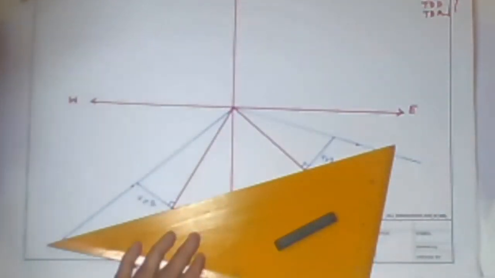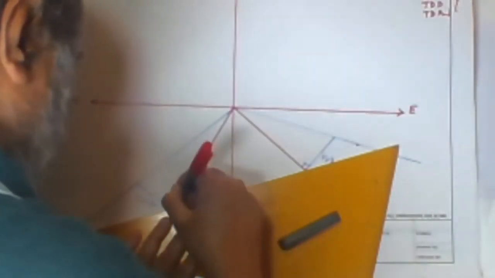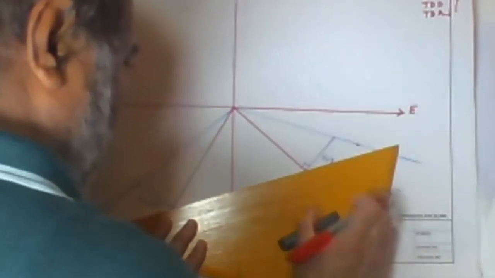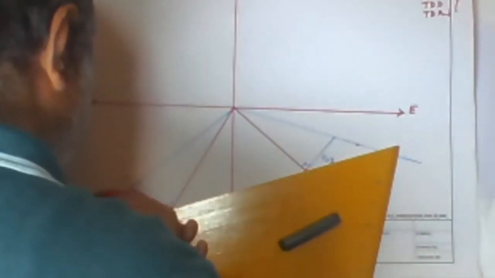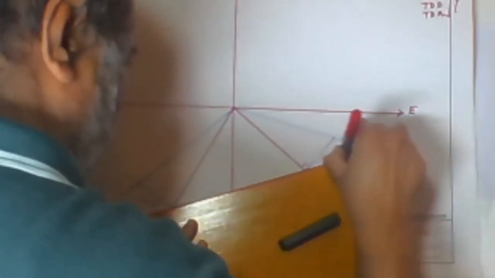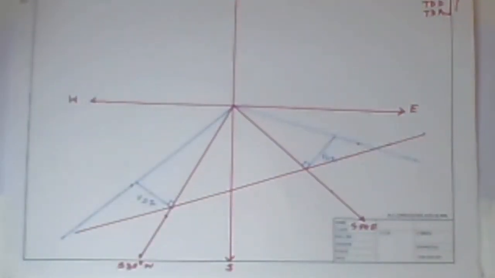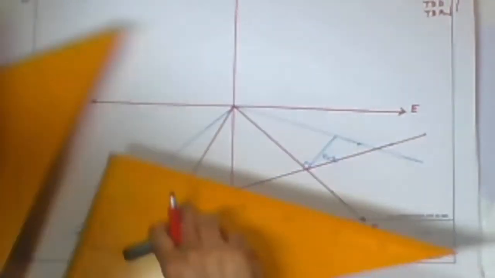Strike line will go with the red. Yes, and you see now joining it properly. Now we have to draw a parallel straight line from the center.